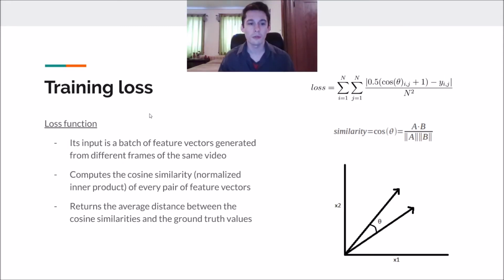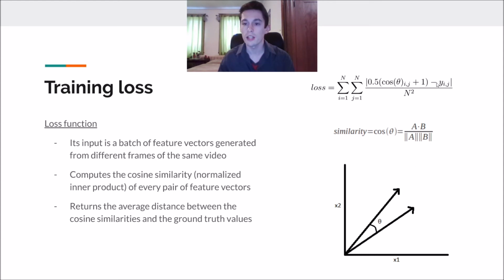My model uses a training loss that takes a batch of feature vectors generated from different frames of the same video. For every possible pair, we compute the cosine similarity, which is simply a normalized inner product between the 2 feature vectors. The cosine similarity outputs 1 if the 2 feature vectors point in the same direction and -1 if they point in opposite directions.